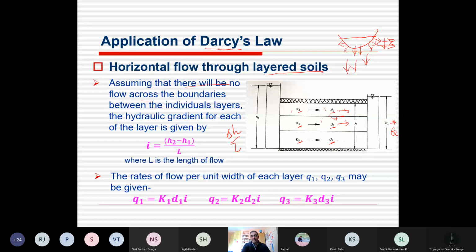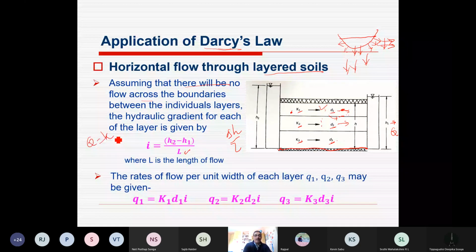So H2 minus H1 divided by L is the hydraulic gradient for each layer, where L is the length of flow we have considered. In that way, for each layer we can calculate the rate of flow per unit width. You know that discharge Q is equal to KIA.